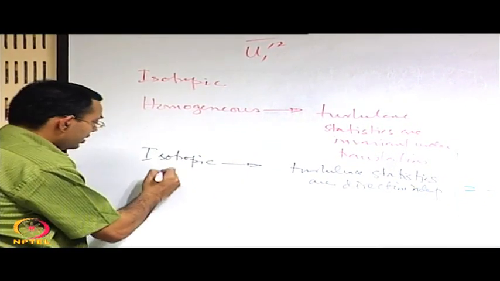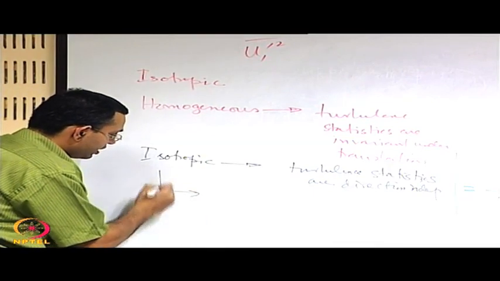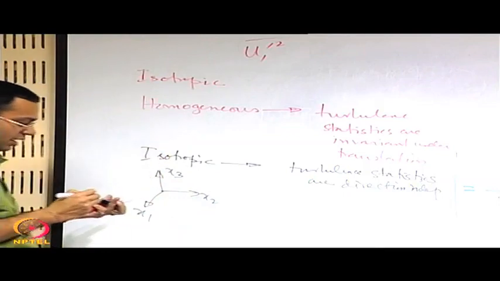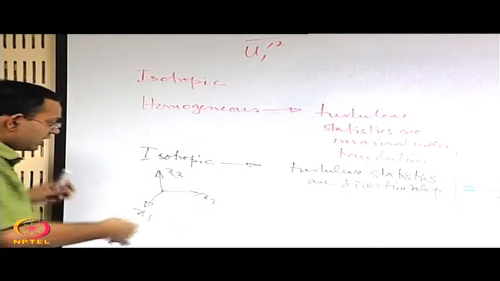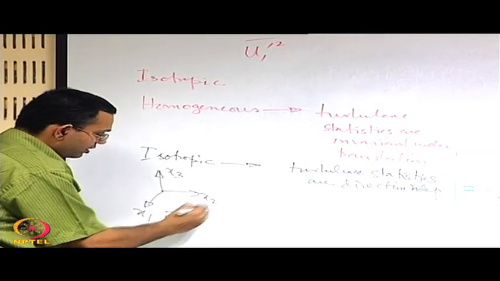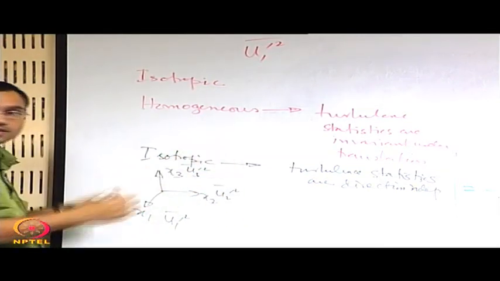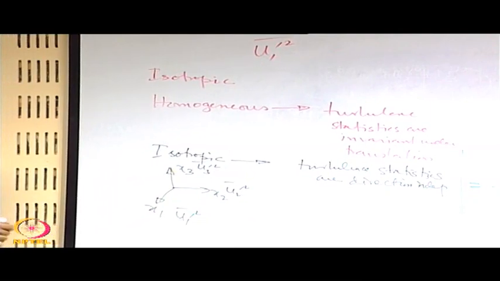And when we say they are direction independent, what does it mean? Direction independent means that if you have a set of coordinate axes say x1, x2, x3, and you have say u1 prime square, u2 prime square, u3 prime square, like that, some statistically average quantities, there could be many such quantities.